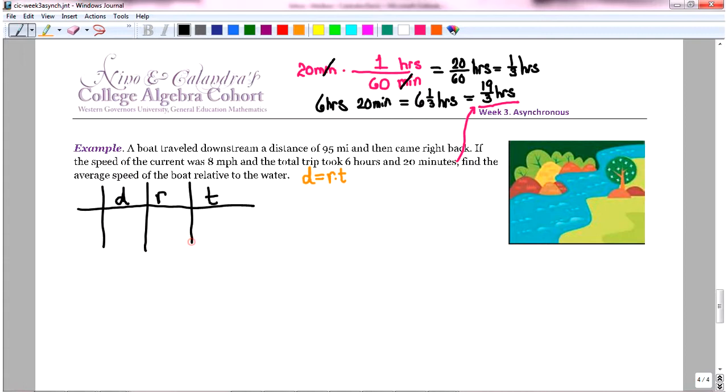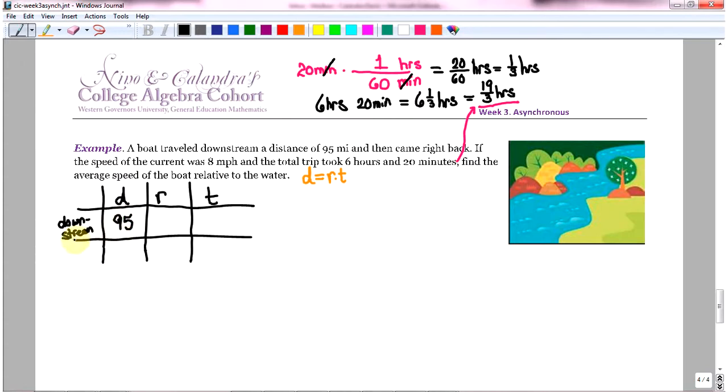So let's read back through the problem and fill in our information. We have a boat that's traveling downstream a distance of 95 miles. So in my first row, I'm going to put downstream, and we know that the distance is 95 miles.